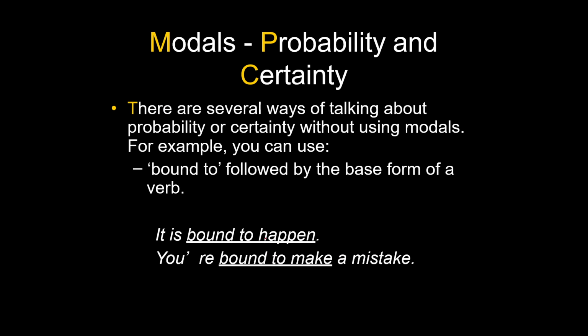Similarly, there are several ways of talking about probability or certainty without using modals. For example, we can say bound to followed by the base form of the verb, verb 1. Instead of using other modals like should and ought to, we can also use bound to. Like, "It is bound to happen." "You are bound to make a mistake."